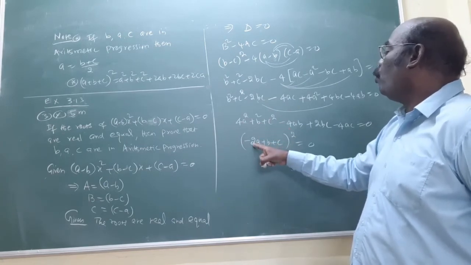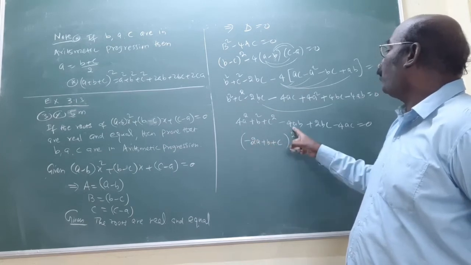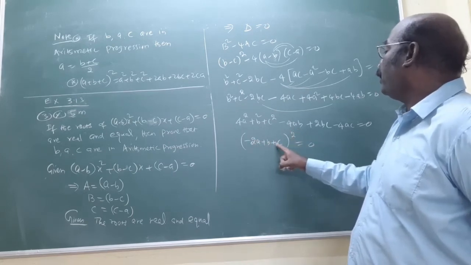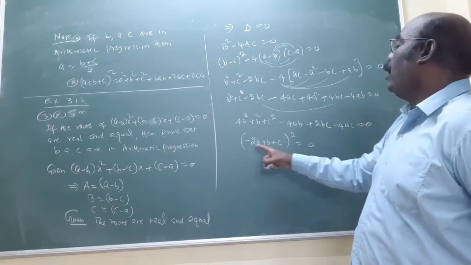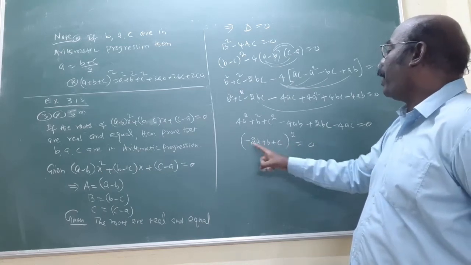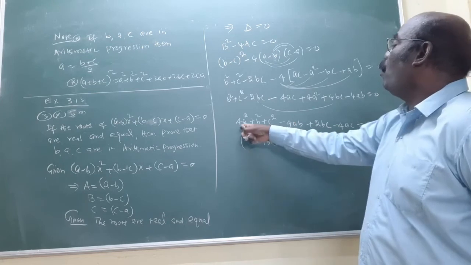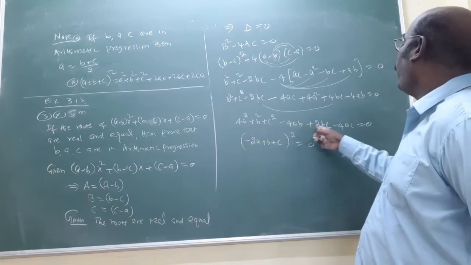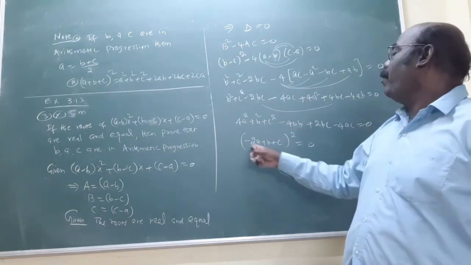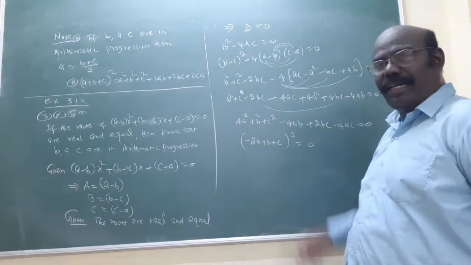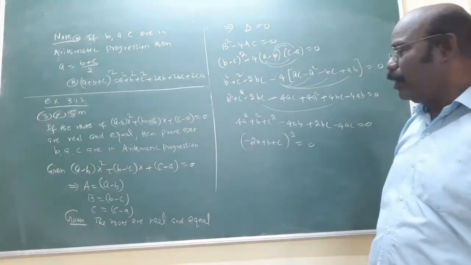Next, 2 into minus 2a into b is minus 4ab. Then 2 into b into c is 2bc. Last one is 2 into minus 2a into c, that is minus 4ac. The whole six terms together make (minus 2a plus b plus c) whole square. I use the previous formula here. Please follow.